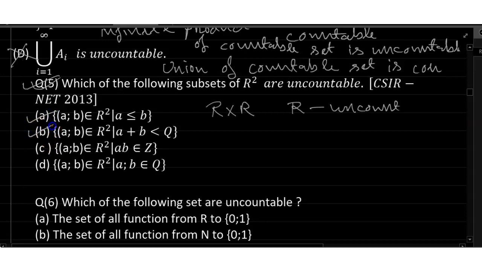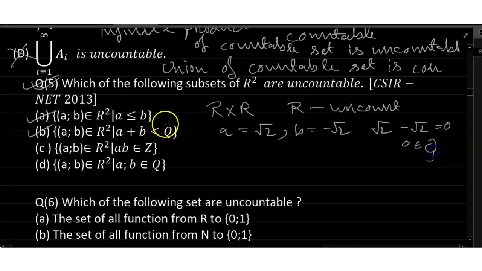So this is also correct, because a equals root 2 and b equals minus root 2, and the sum is 0, and 0 belongs to Q. It is uncountable, because of the irrational numbers.